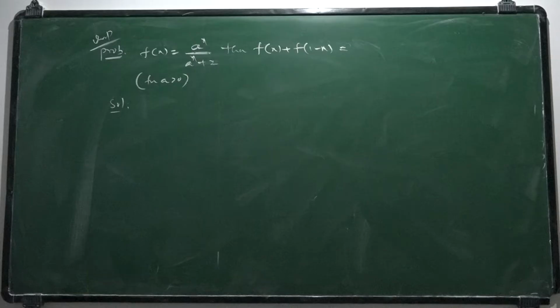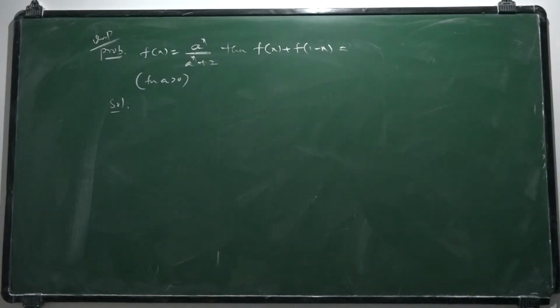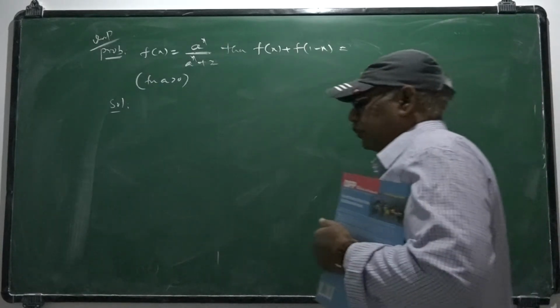Once the function is of the form f(x) equal to a^x by (a^x + 2), what is the value of f(x) + f(1 - x)?